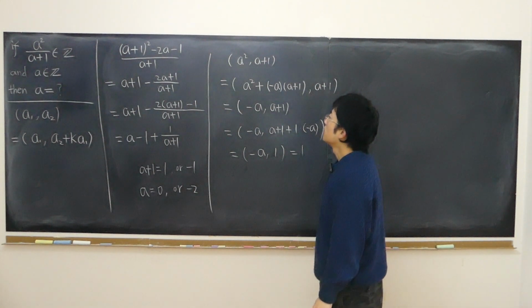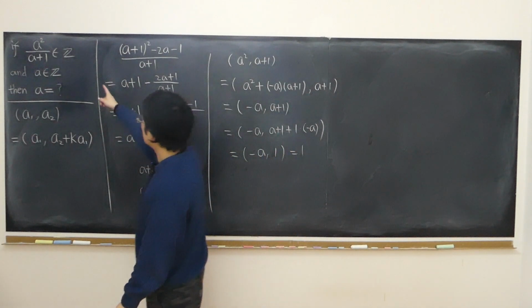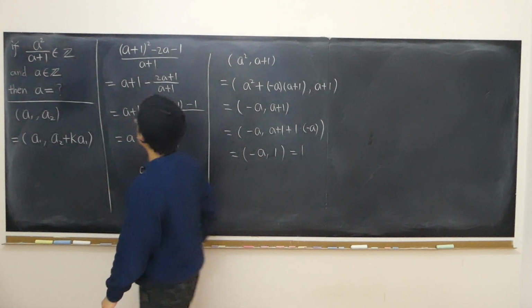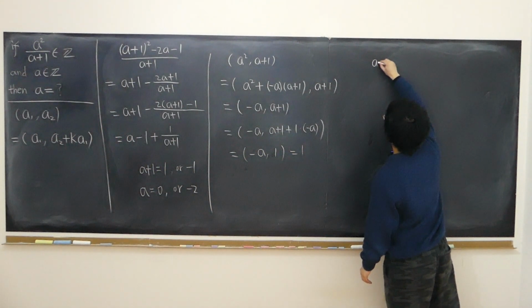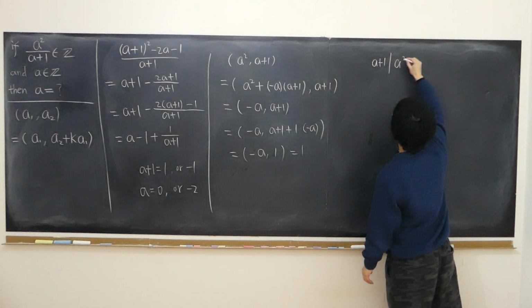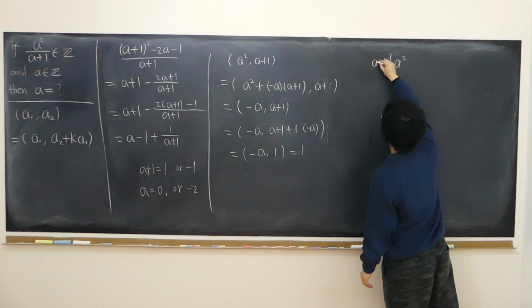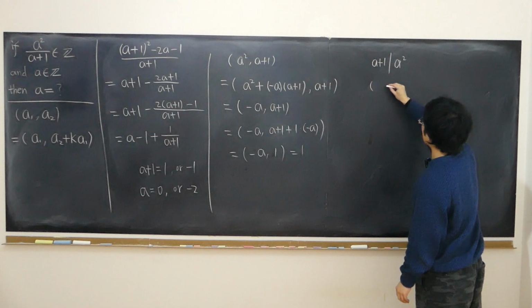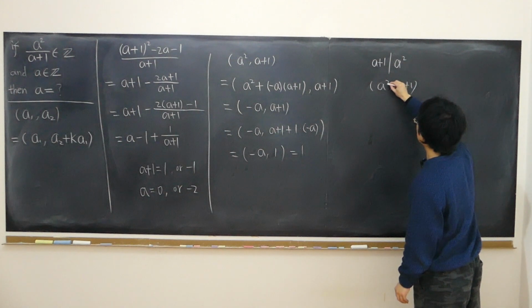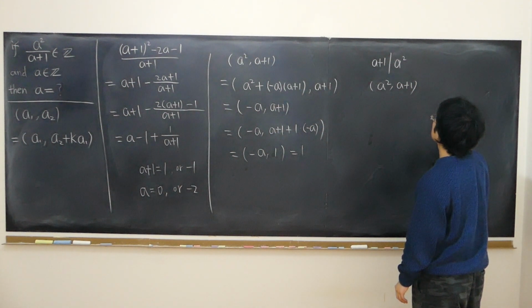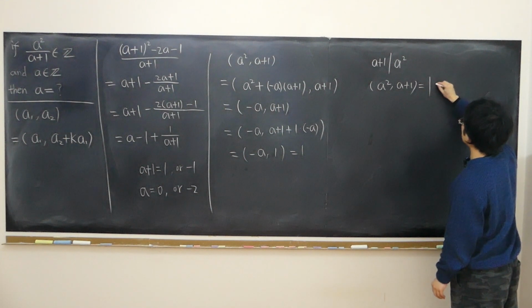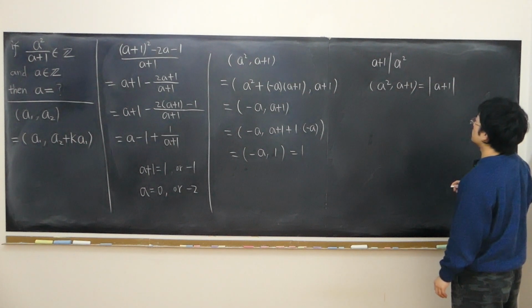Now, according to our condition, this is given to be an integer, so that means a plus 1 divides a squared without any remainder at all. So in other words, the greatest common divisor between a squared and a plus 1 should be not just a plus 1, but the absolute value of a plus 1, just to be safe here.